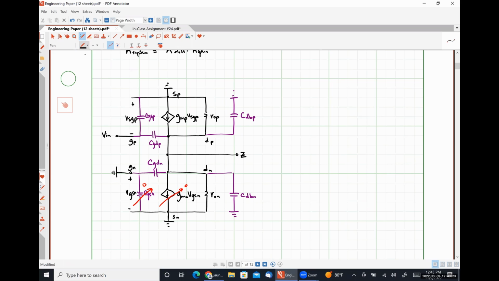So from here, we can see fairly easily that the resistance seen at node Z, or between node Z and ground, is just R naught P in parallel with R naught N. No other resistances. Everybody okay with that?